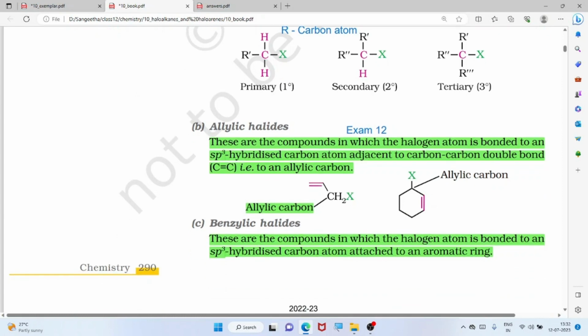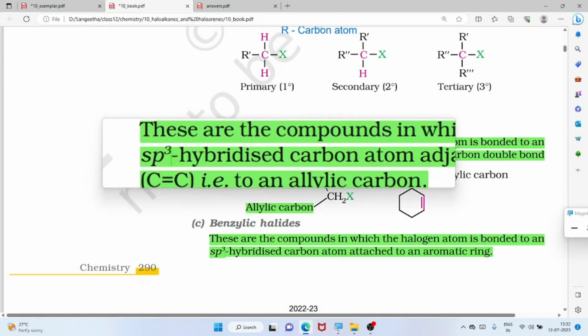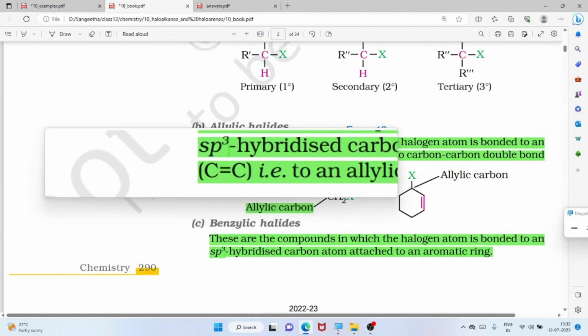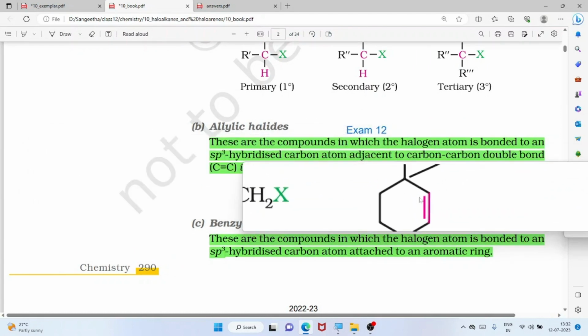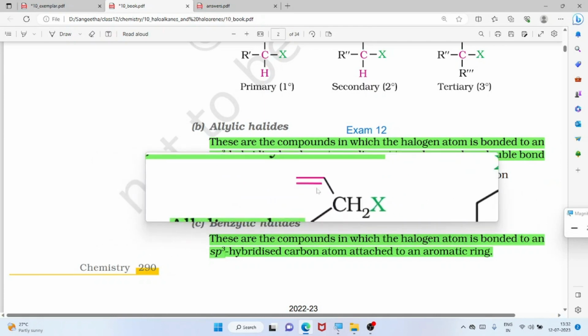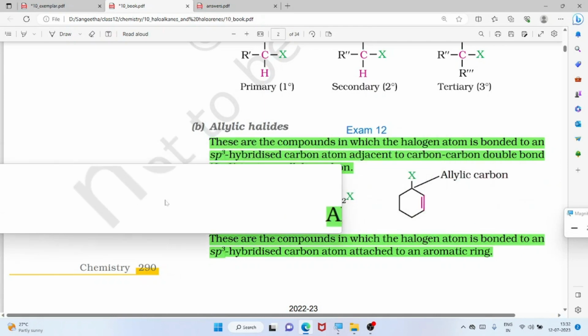So these are the compounds in which the halogen atom is bonded to an sp3 hybridized carbon atom adjacent to a carbon-carbon double bond. Here a carbon-carbon double bond is there, and adjacent to that carbon atom the halogen atom is connected.